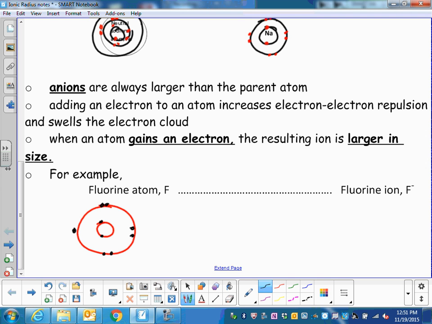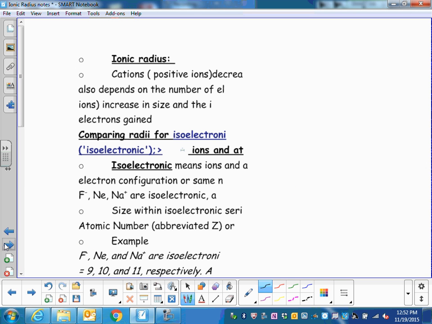Does it need 1 more? So, when it becomes F minus, it's still 2, but what happens to the circle? It gets bigger to accommodate the incoming electron. Yes or no? And there is electron-electron repulsion. Is that right? And the size gets bigger. Now, turn to the next page.